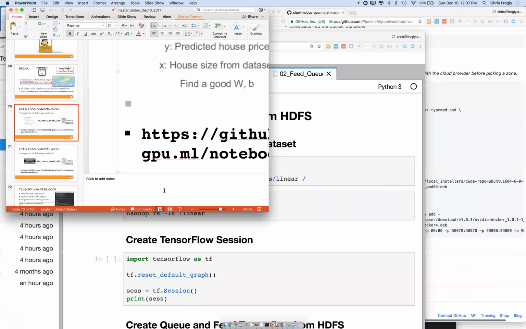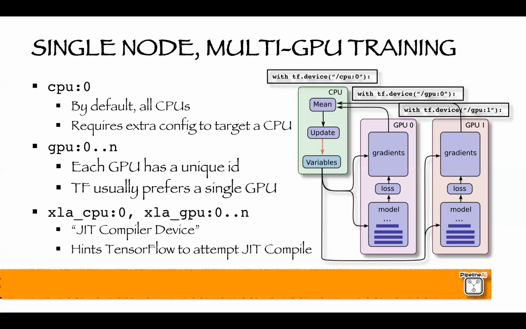So this is single node multi-GPU training. Here's a case where, speaking of device placement, we're manually choosing which devices. This works for smaller examples, but at scale you want to take advantage of TensorFlow's ability to innovate on more advanced device placement strategies.